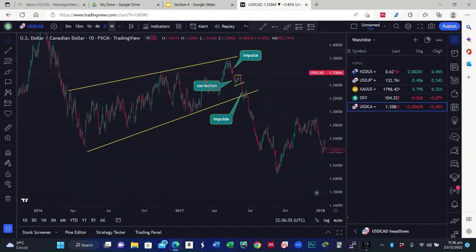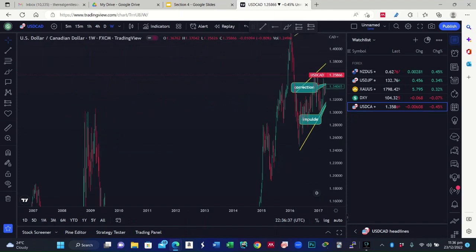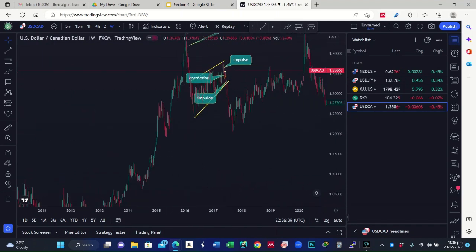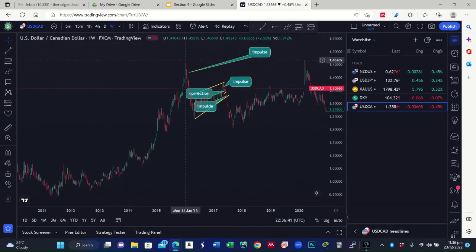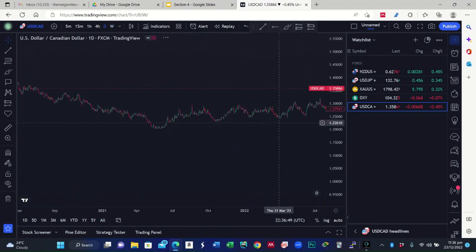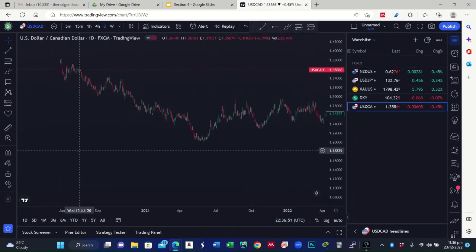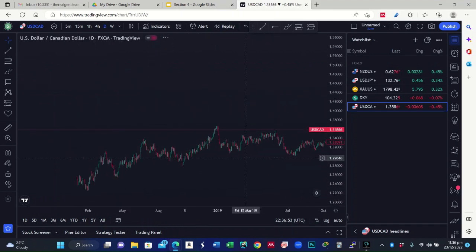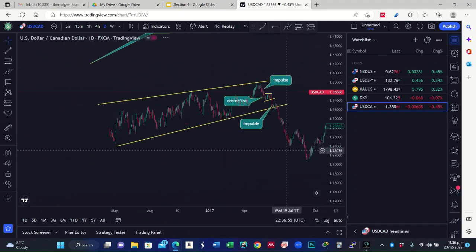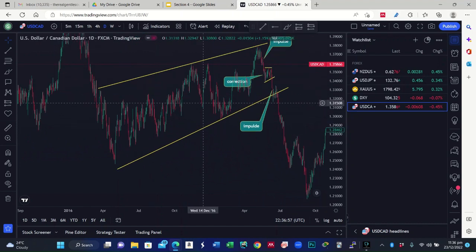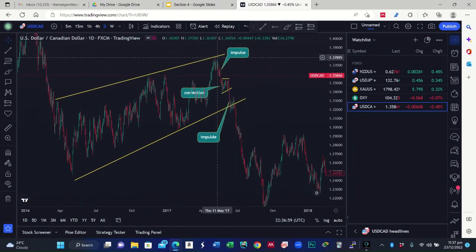You can see from the outer structure I showed you earlier, this is an impulse, then there's a correction, then there's an impulse, because this is the higher time frame, the weekly time frame. If we go to the daily time frame, which is a lower time frame compared to the weekly, you will see that inside the weekly correction, there is another impulse, correction, and impulse.